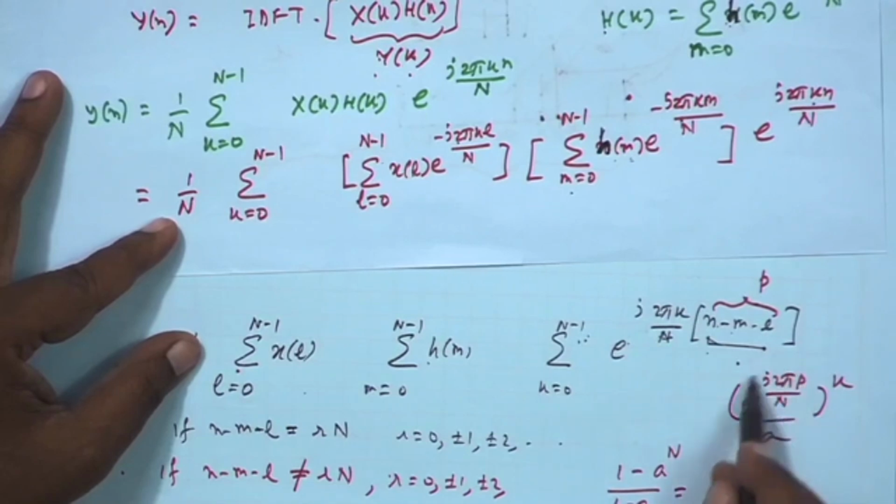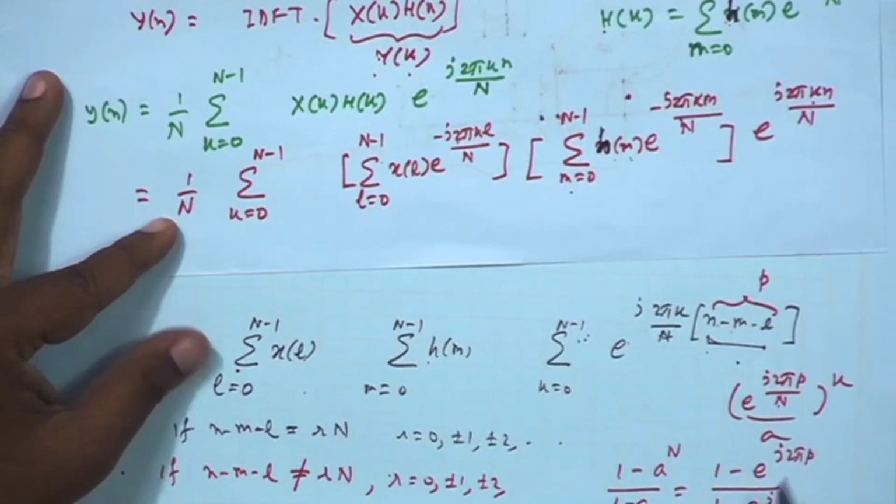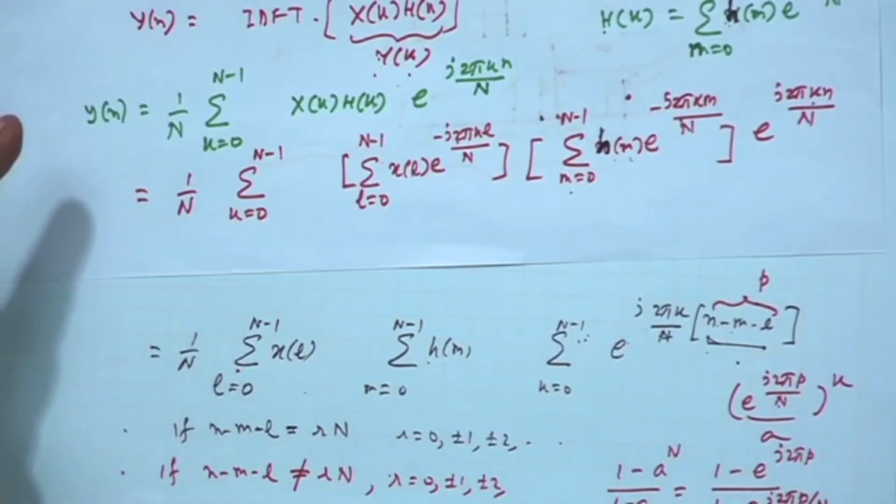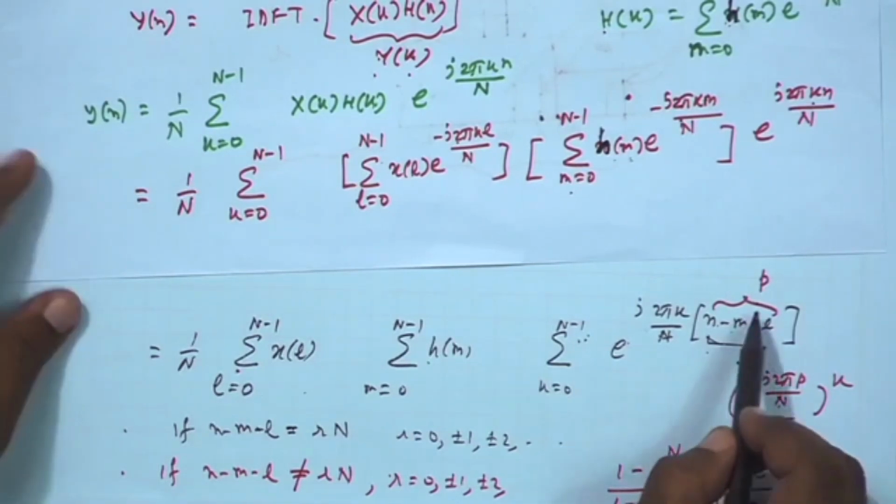So, a to the power N means e to the power j 2 pi into integer p, N will cancel, over 1 minus e to the power j 2 pi p by N. All right. Now, look at this.